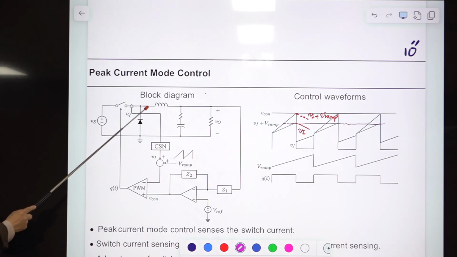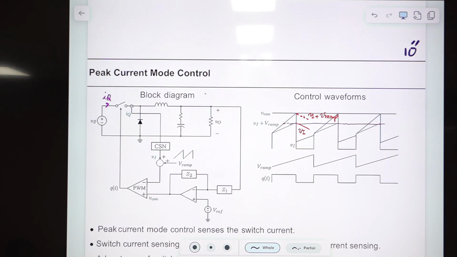The inductor current is here, and this is the switch current. We use the notation IQ for the switch current, and in this direction there is the diode current, ID, and this is the IL.